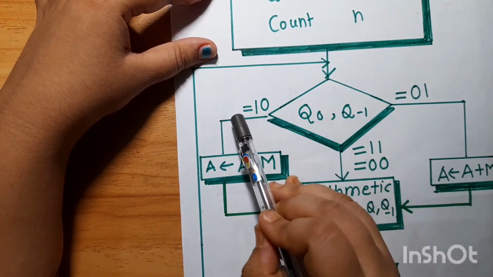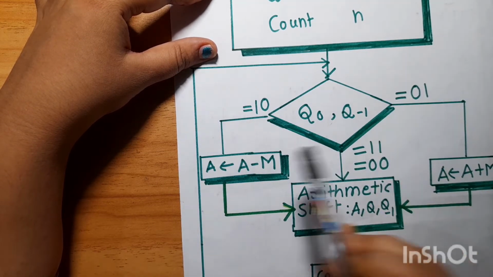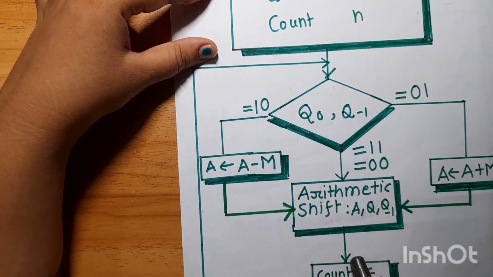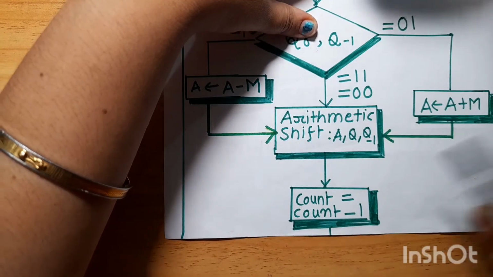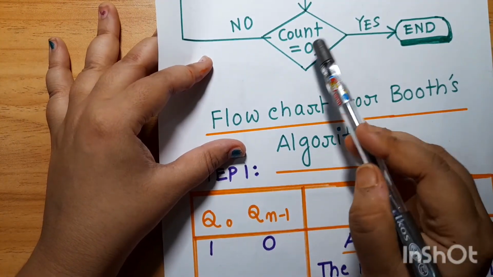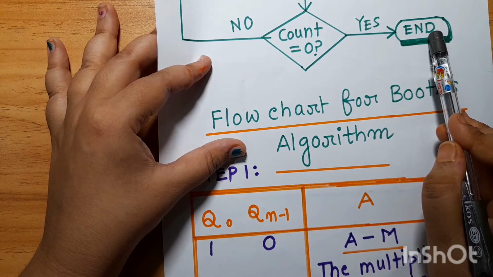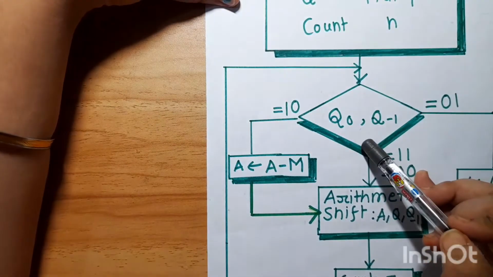I will check whether it is 1, 0 or 0, 1 or either of these two cases. I will follow this route or this route, and again I will do count equals count minus 1, and here I will check the value. If it is 0, then I will end it. Flowchart will be ended, loop will be ended. Else if it is no, I will again do the checking.